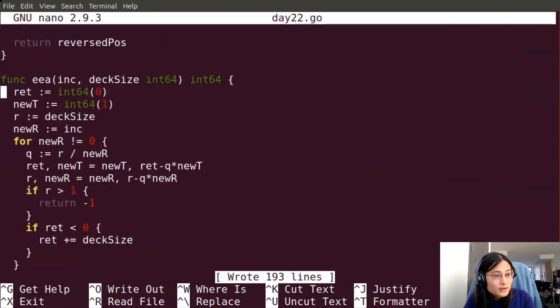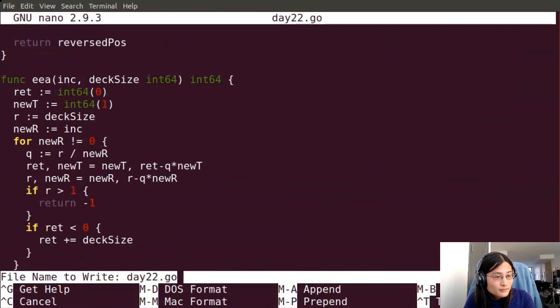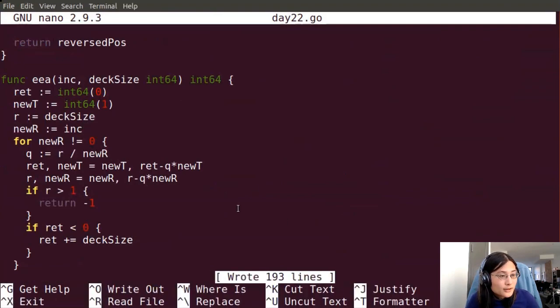Yeah, inc, comma, deck size. Okay. Part one, right?